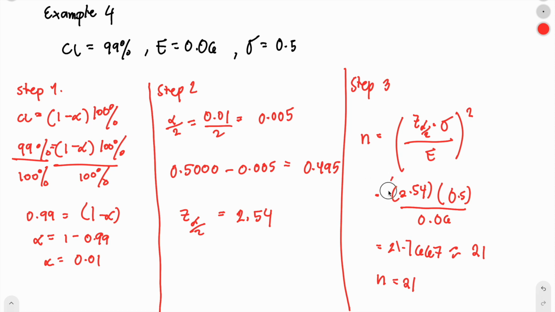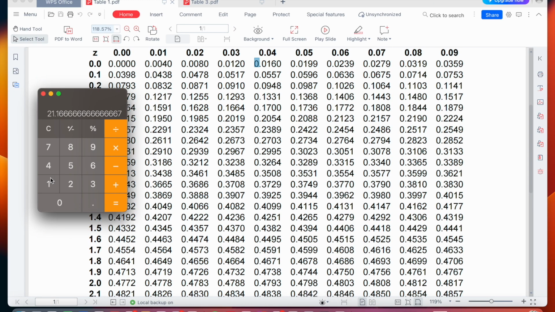But no, sorry. This is missing the square, guys. Sorry. Remember, it still needs to be squared. I was sleepy. So let's calculate that again. 21.1667 times 21.1667, because it is squared.